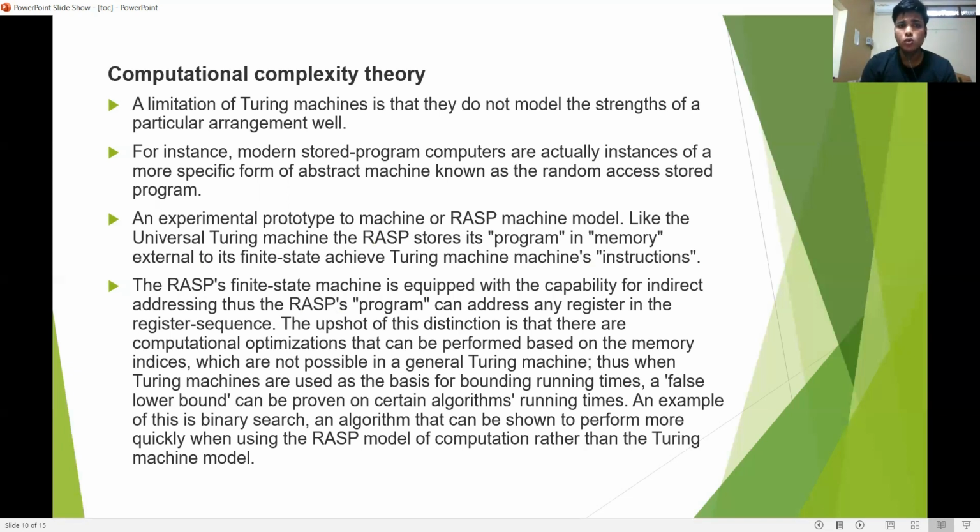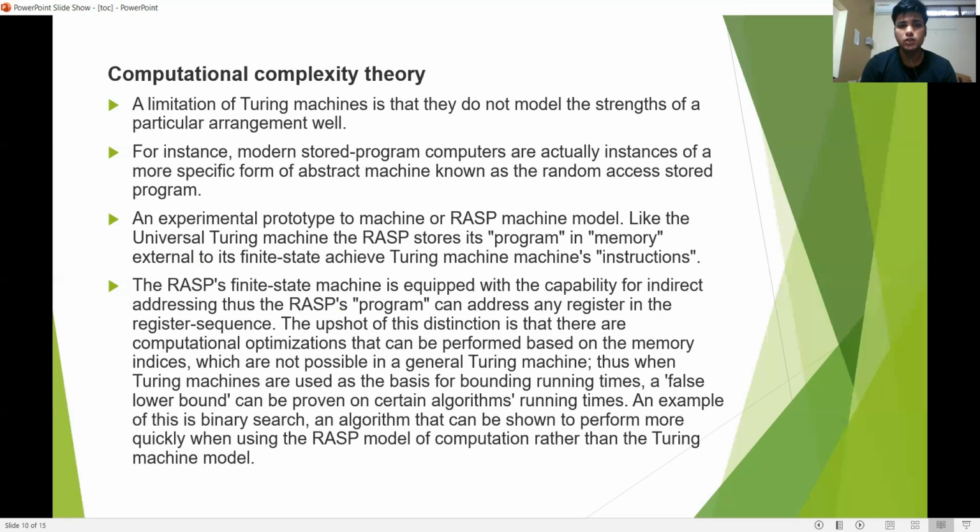Like the universal Turing machine, the RASP stores its program in memory external to its finite state machine. The RASP's finite state machine is equipped with the capability for indirect addressing. The RASP program can address any register in the register sequence.